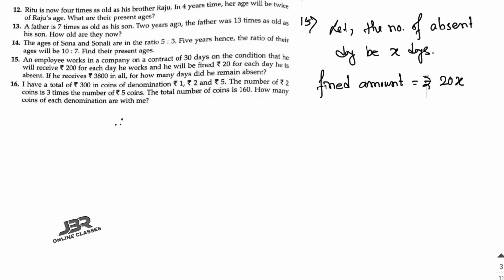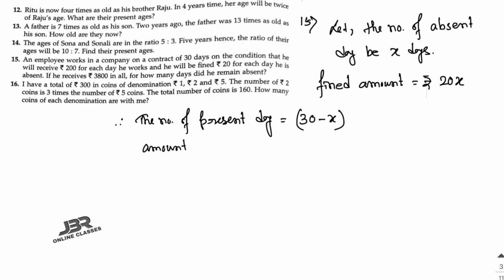Next, the number of present days equals 30 minus x. So the amount for work equals 30 minus x into 200.